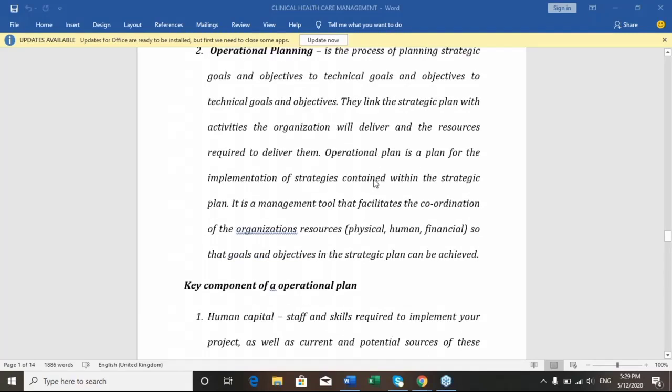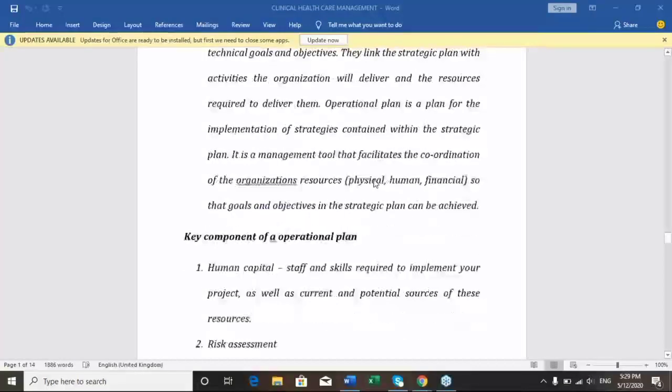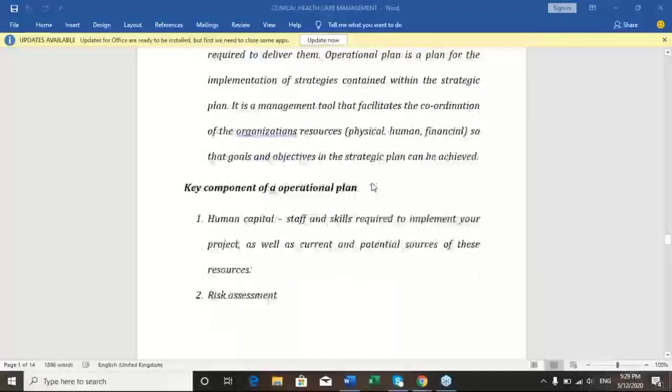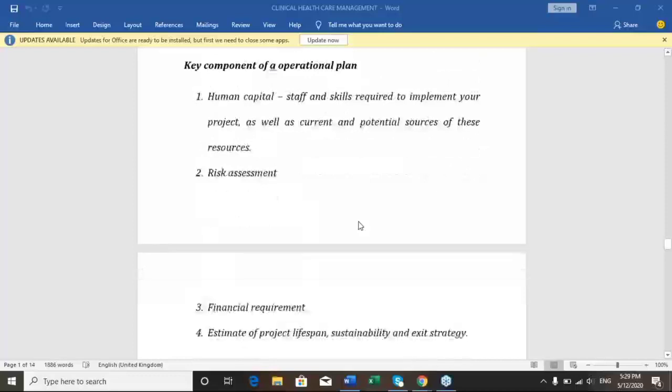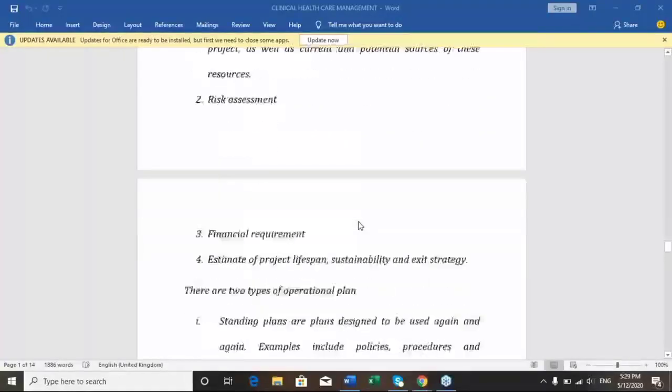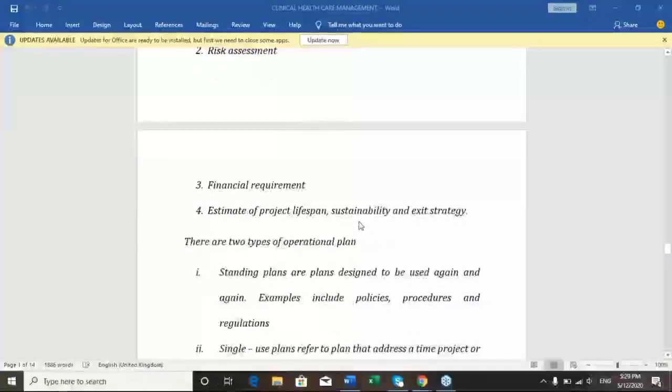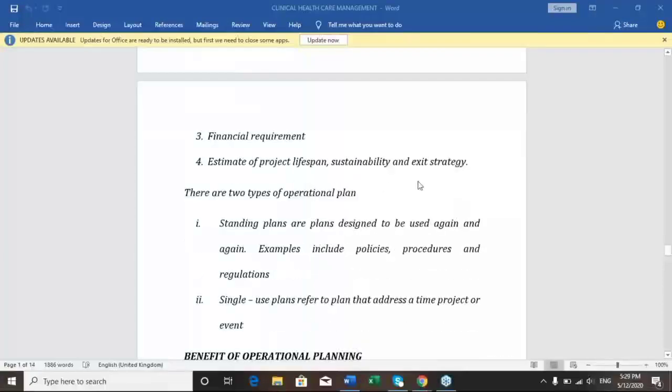And we also talk about key components of an operational plan: human capital, risk assessment, financial requirement, estimate of project lifespan, sustainability, and exit strategy.